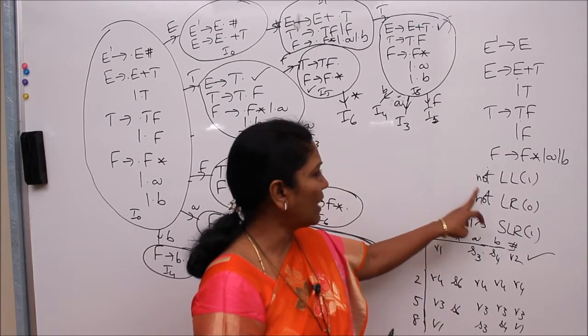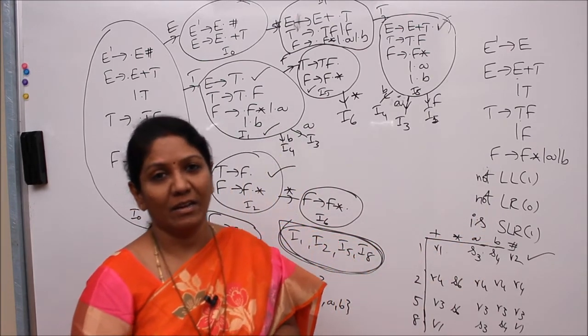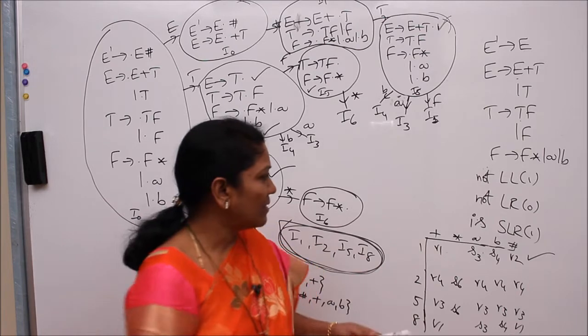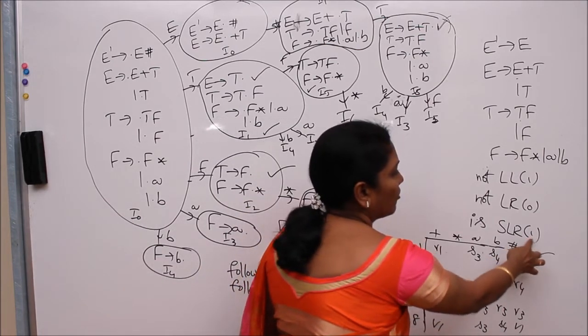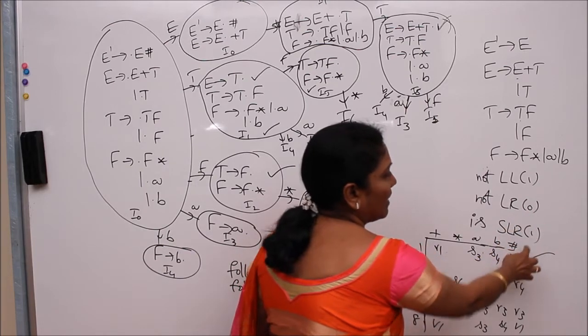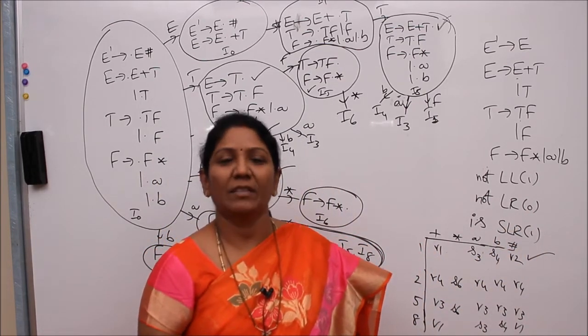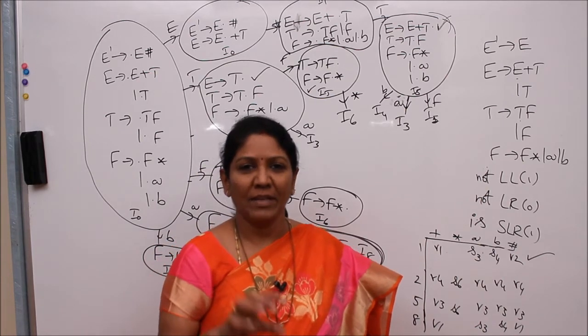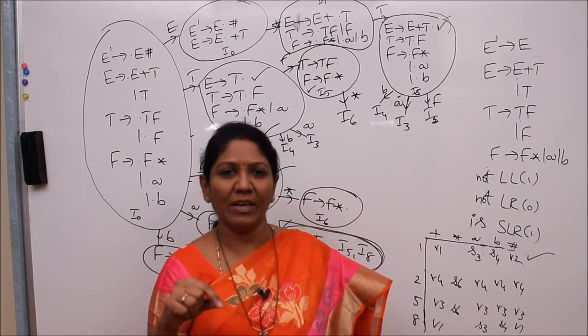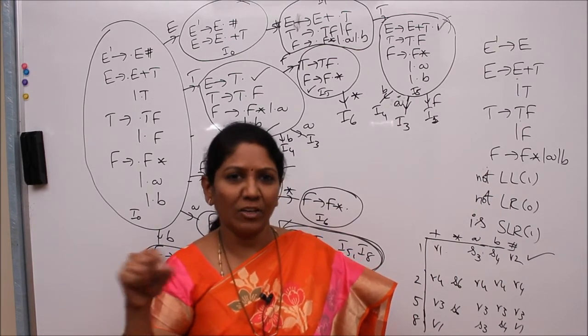Though this is not LL1, not LR0, it can be parsed by our SLR1, because this is the main advantage of SLR1. LR0 does not use any look ahead, whereas SLR1 uses a look ahead given by follow set. That is what happens in LR0: whenever there is a final item in any state, in the complete row you are putting a reduce entry.